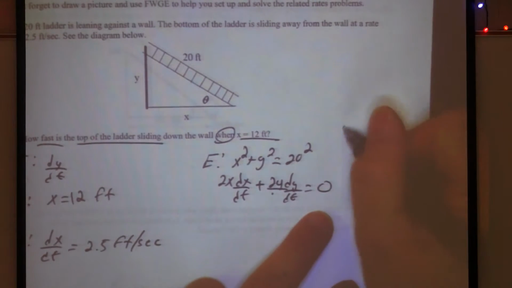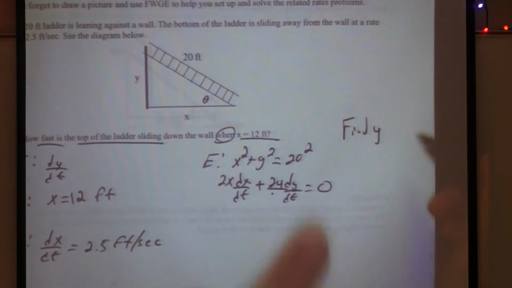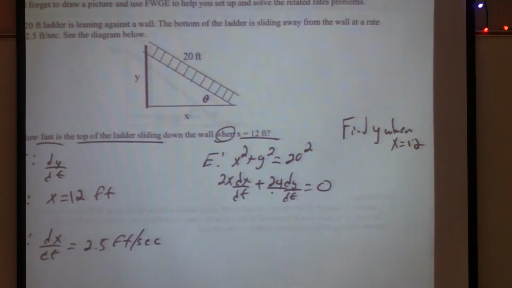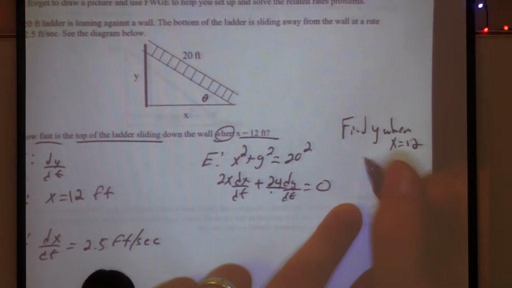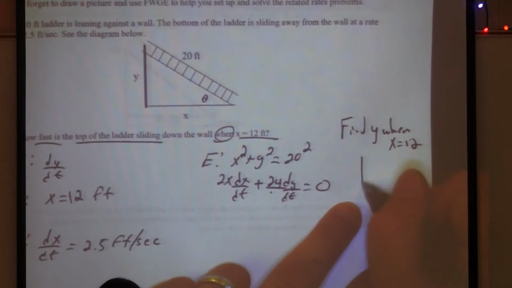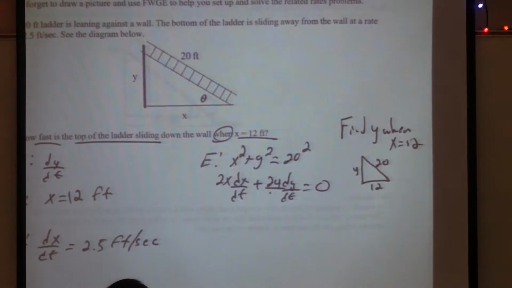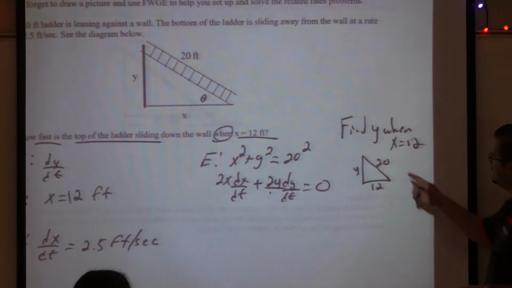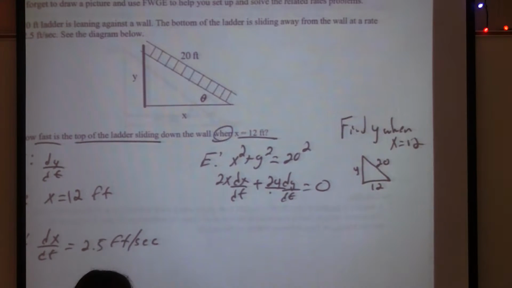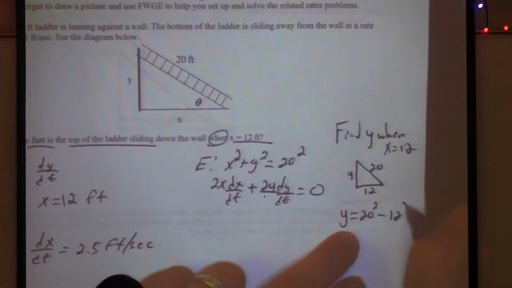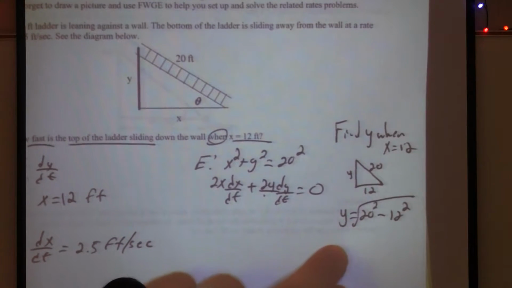Alright, let's do it. So I'm going to come over here. We're going to find y specifically when x equals 12, because it's going to be changing, but the only one I care about is when x is 12. We have this triangle where this is 12 and this is 20 and this is y. Whenever you're looking for one of the legs, it's the difference between the hypotenuse and the leg squared. So it's going to be 20 squared minus 12 squared, and we have to take the square root of all that.